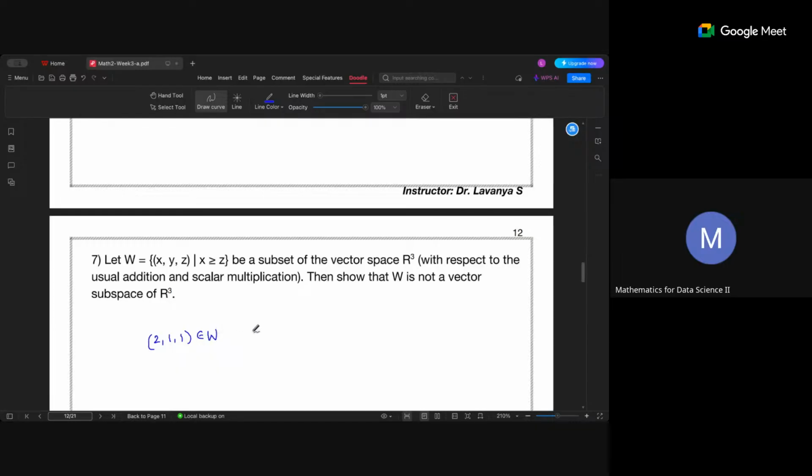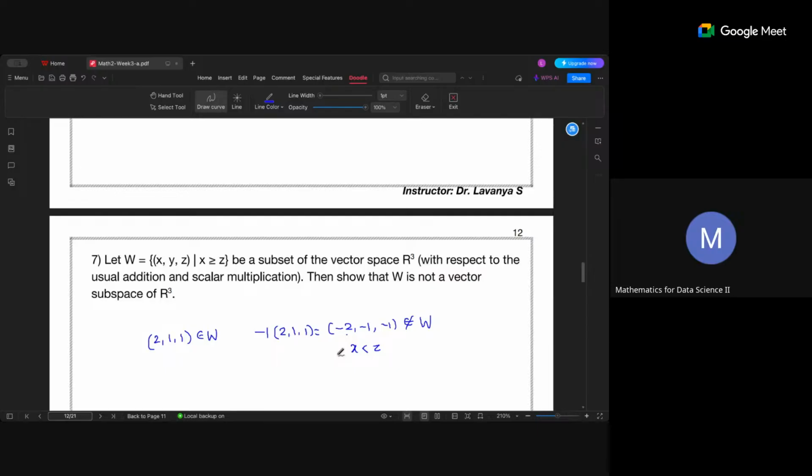Now what happens when I multiply with minus 1? It becomes (minus 2, minus 1, minus 1). Now x is less than z. So you see that the x coordinate is less than z, which means this does not belong to W. So W is not a subspace.